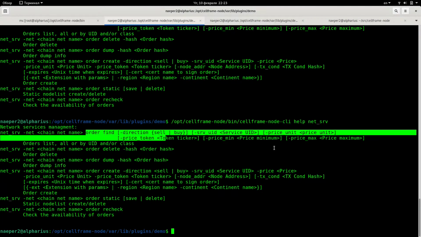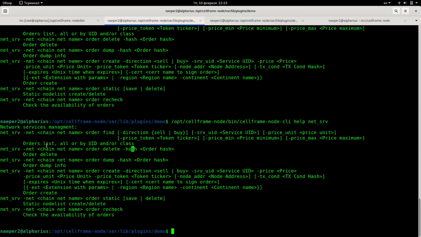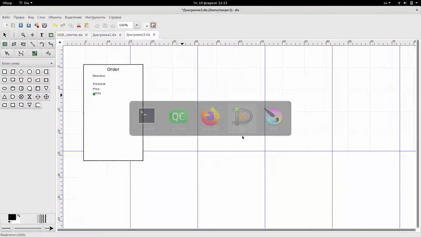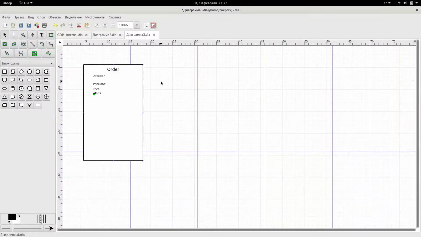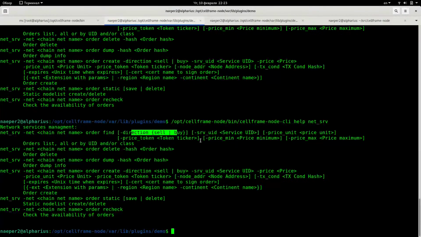So orders, what we have inside orders. Direction. You remember this direction. Direction could be sell or buy. So it's a sell order or buy order.